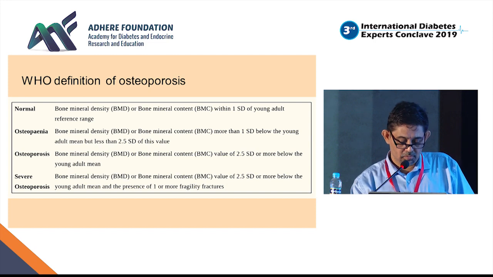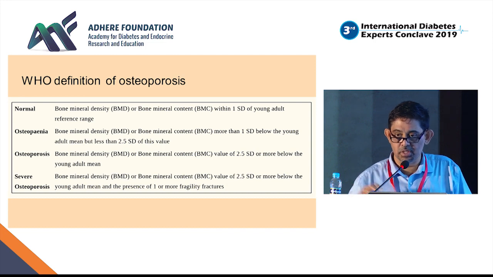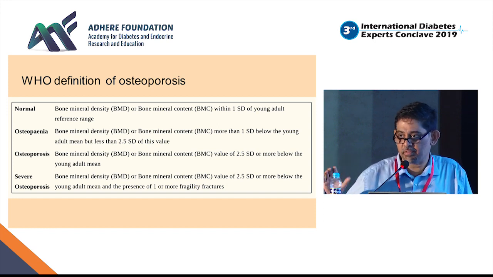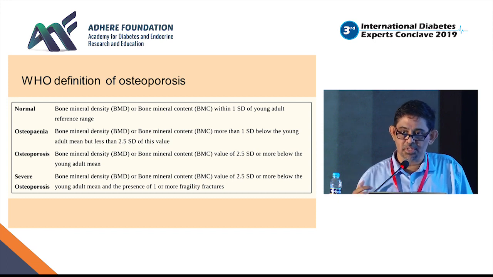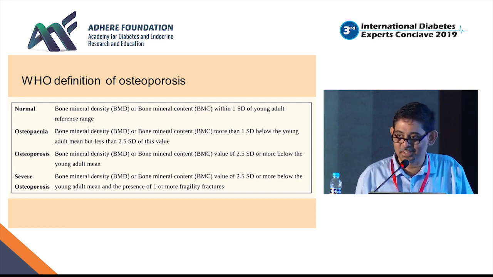Now, this is, of course, old hat. All of you know what the definition is. A normal bone density is someone having a bone mineral density within one standard deviation of the mean. Osteopenia is between 1 and 2.5 standard deviations less than the mean. Frank osteoporosis is less than 2.5 standard deviations from the mean. I will presume that all of you were very good in mathematics, and so you all know what standard deviation means.